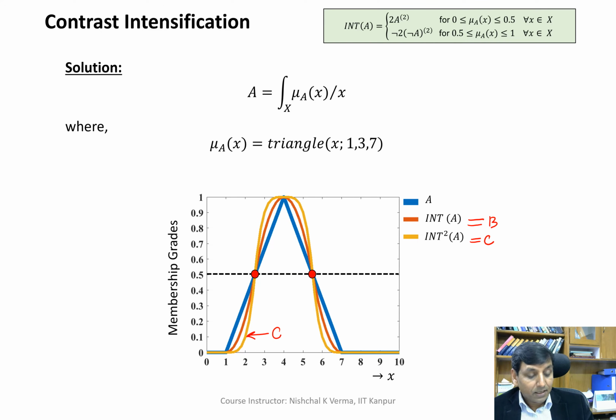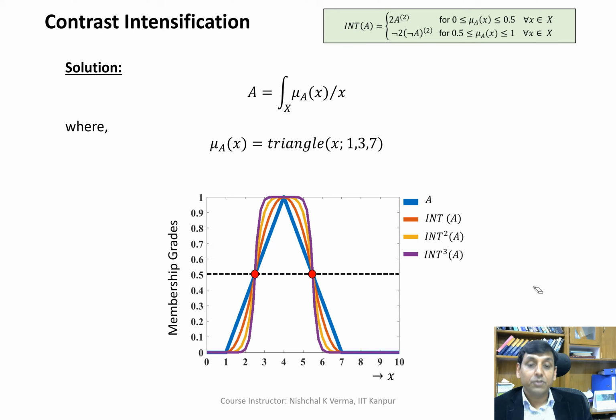B and C both have reduced fuzziness as compared to the fuzzy set A. So by taking the contrast intensification, the fuzziness of the fuzzy set gets reduced.